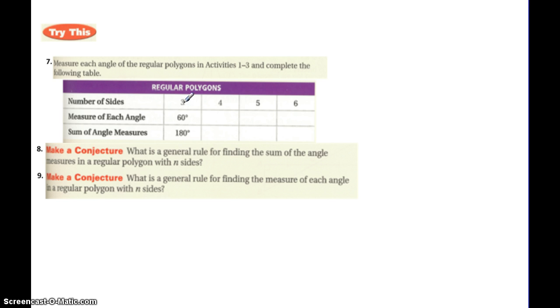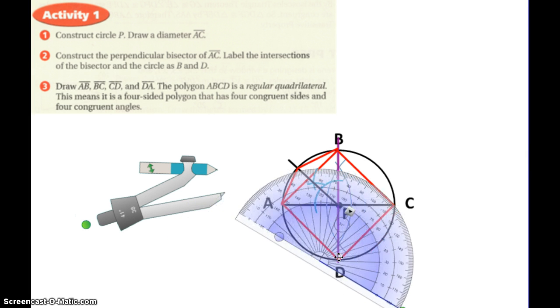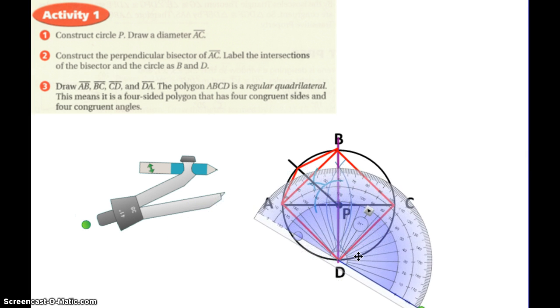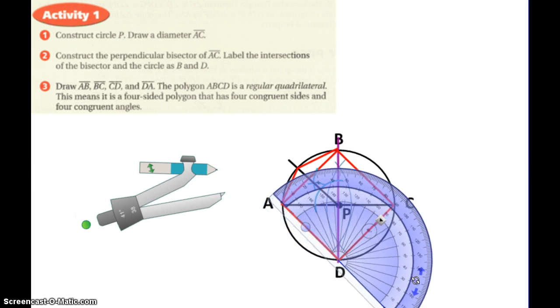Okay, looking back at our regular quadrilateral, we can go back here and measure our angle. So let's measure angle D. Put your point there. Make sure it lines up with 0, 0. And we have 90 degrees.